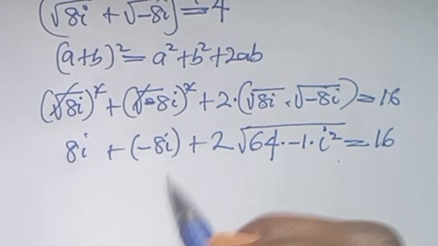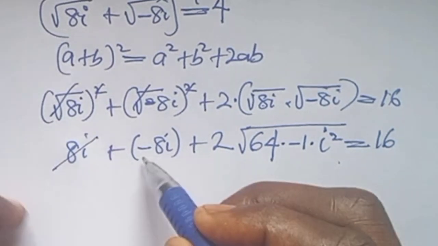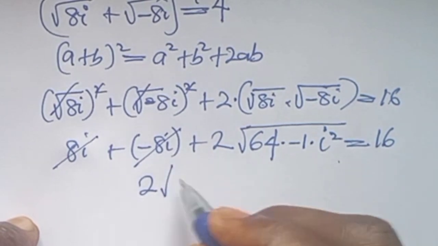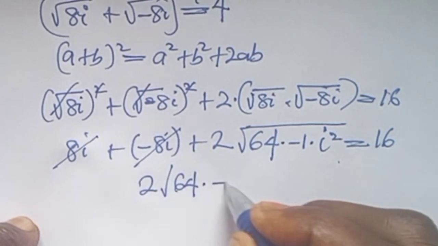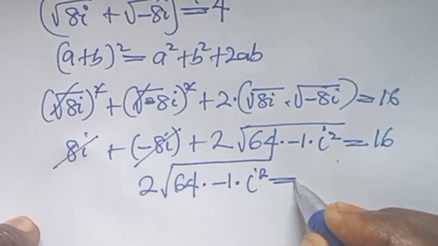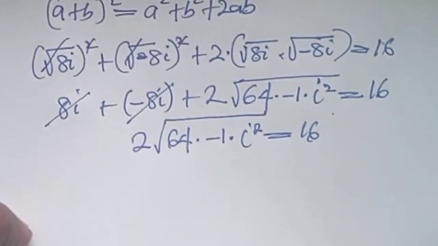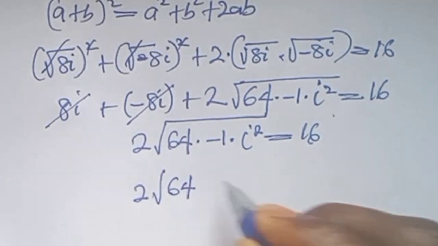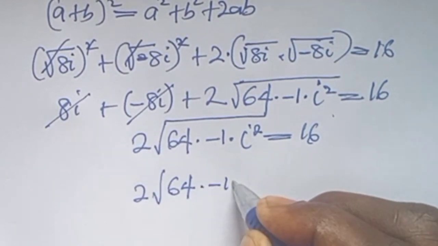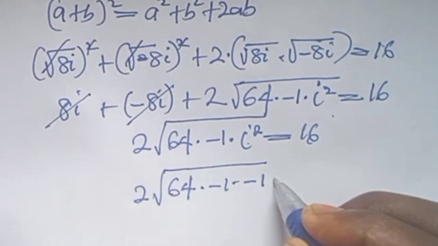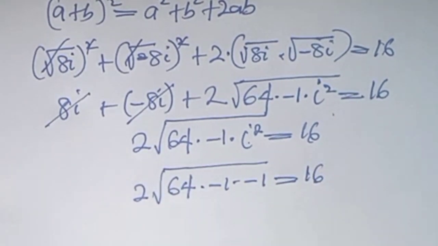So here, 8i and minus 8i will cancel out. What is left is 2 square root of 64 times minus 1 times i squared equals to 16. And the next line becomes 2 square root of 64 times minus 1 times minus 1, since i to the power of 2 is minus 1. Everything equals to 16.